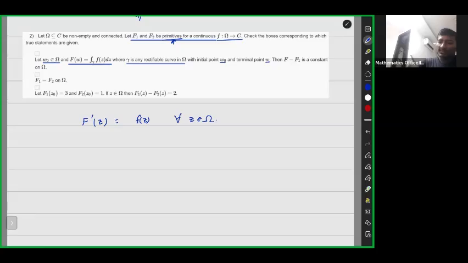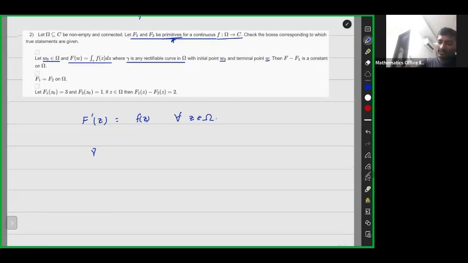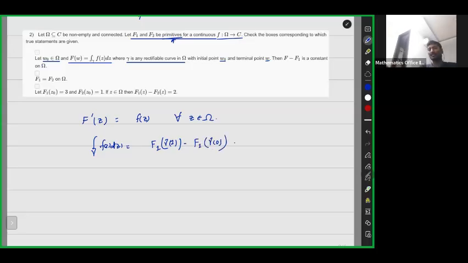Okay, so what is actually, when you take gamma, a curve, the integral of f(z) dz, what does it become? Capital F1 of gamma of 1 minus capital F1 of gamma of 0, right?